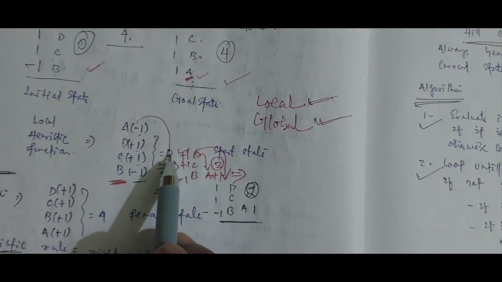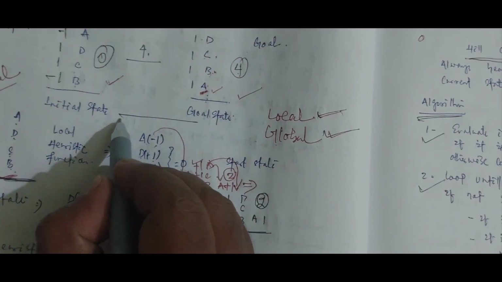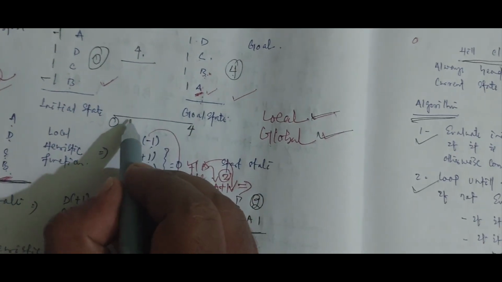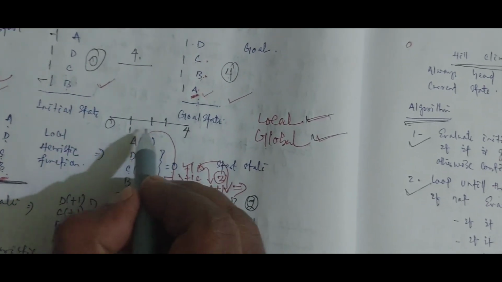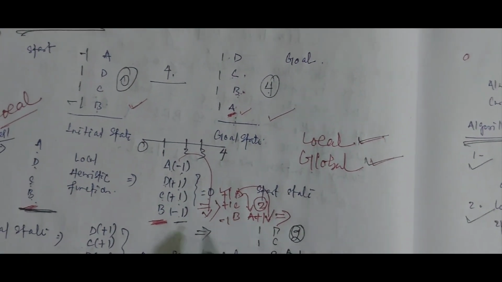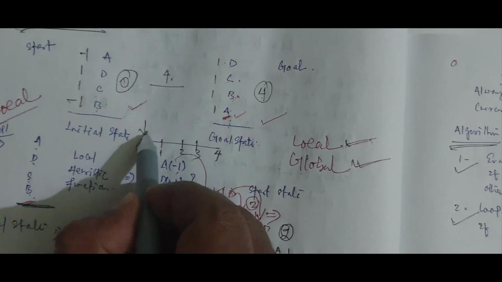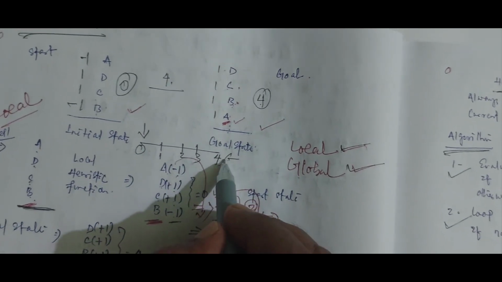That means we are moving from 0 to 4. On the first step, I was at 0 in the initial state and the goal was 4.